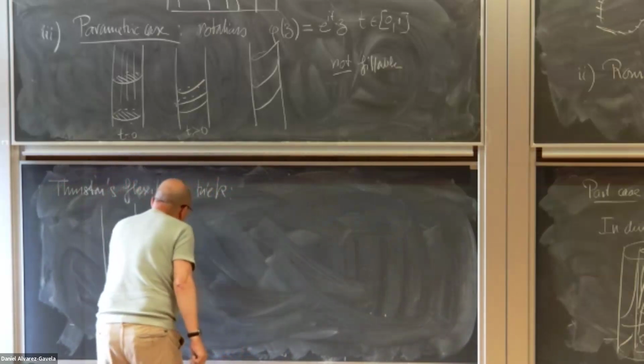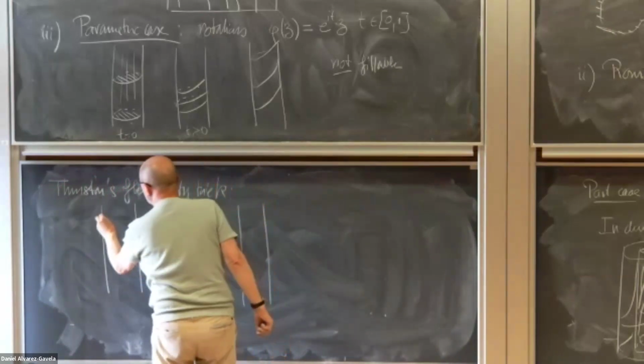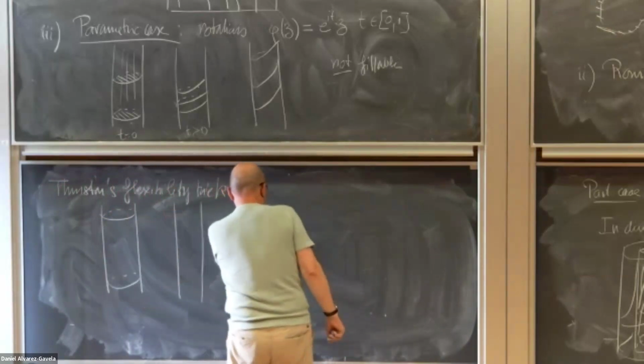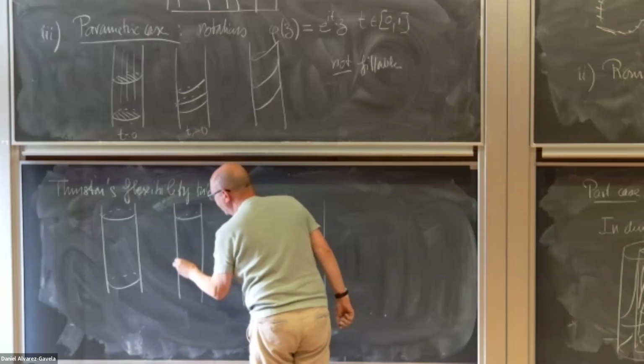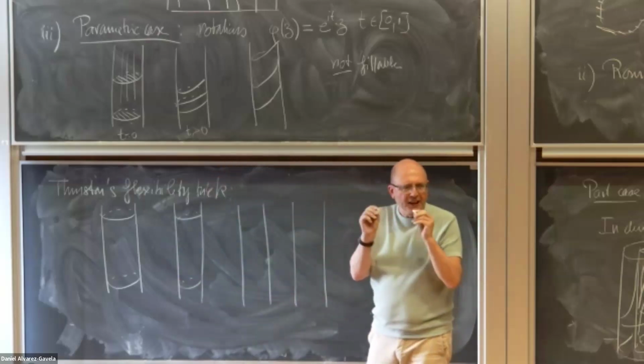The same data, except that I make the family of foliations on the boundary stationary for some small time epsilon.